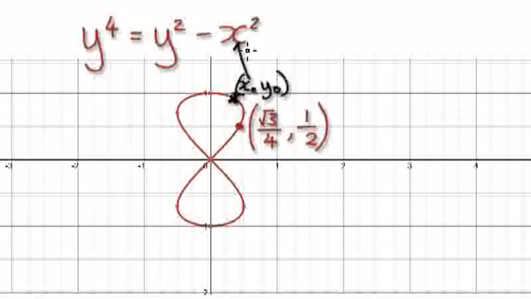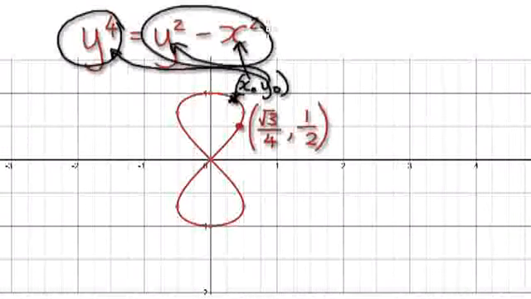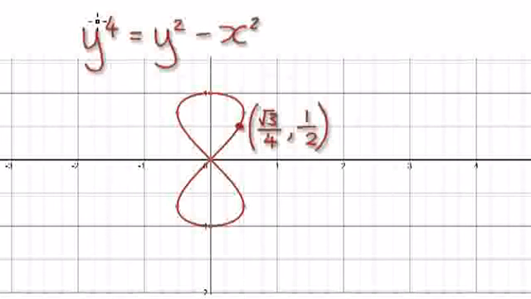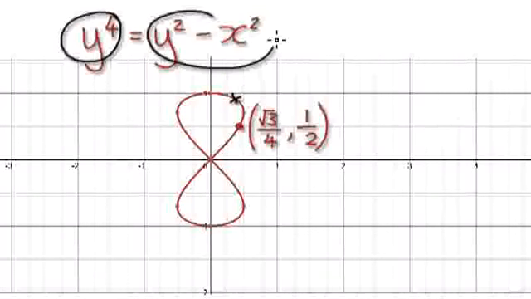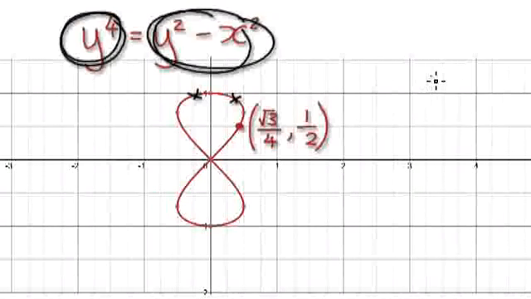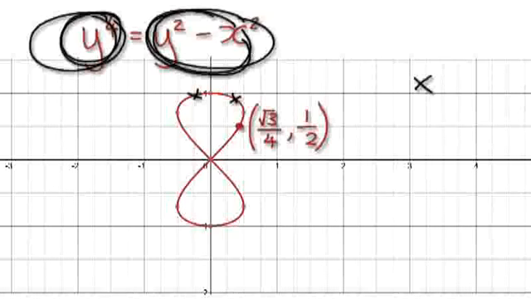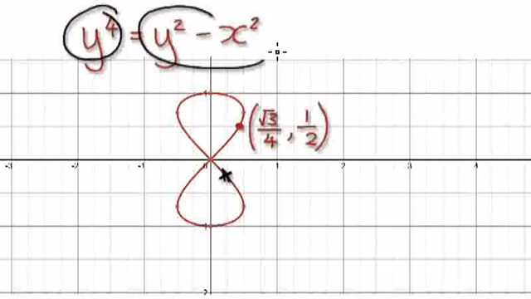If you put this x into here, and then the y into here, this side will equal this side. This point here will make sense because this side will equal this side. This point here would not make sense, because this side will not equal this side. So think in terms of where on the graph it makes sense.